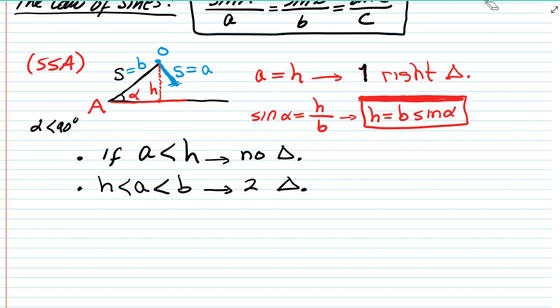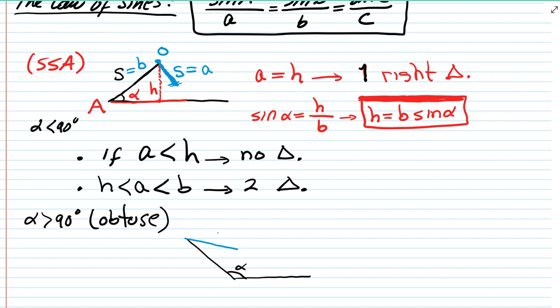Now, the case where A is less than or equal to B, and let's say alpha is now greater than 90 degrees. In other words, alpha is an obtuse angle. If alpha is an obtuse angle, then we have something like this. Let's say here's the measure of alpha, and let's say that's side A now.